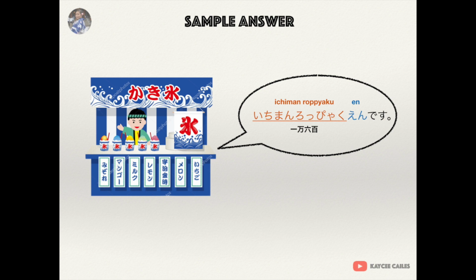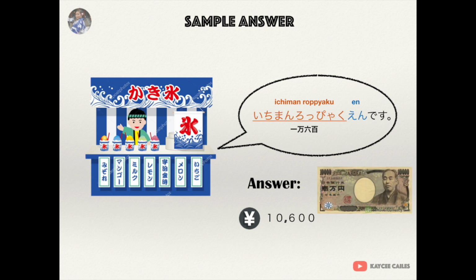Try to guess the price. That's correct. It is 10,600 yen. We say ichiman to mean 10,000, remember? And then of course, roppyaku means 600. And this is what a 10,000 yen bill looks like.